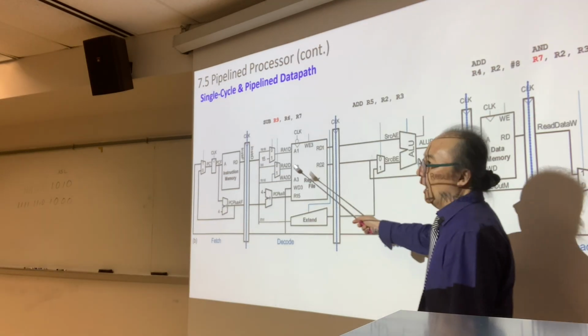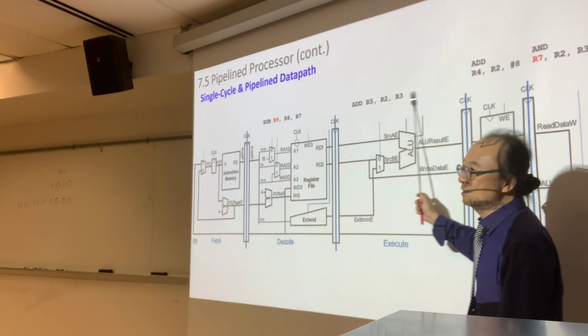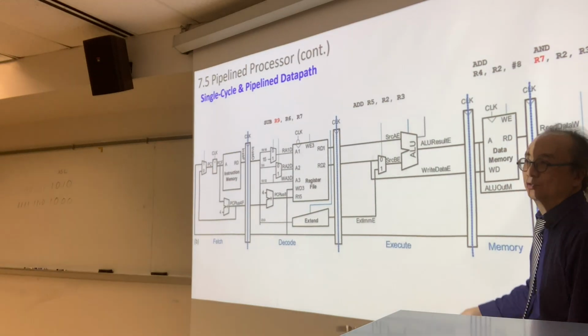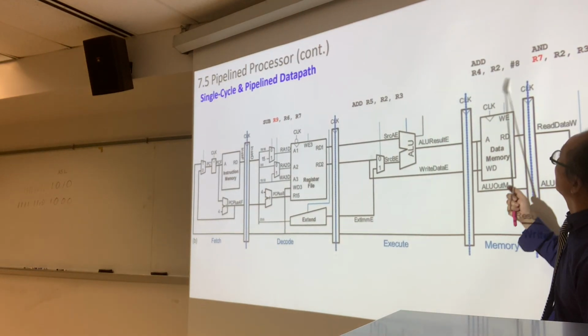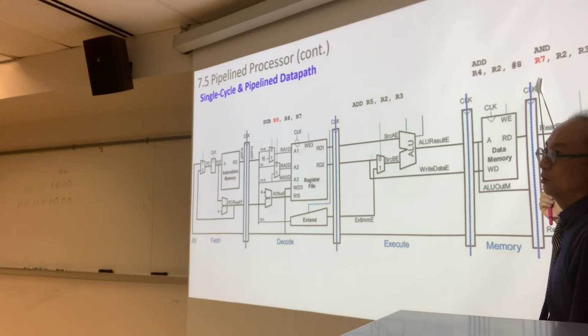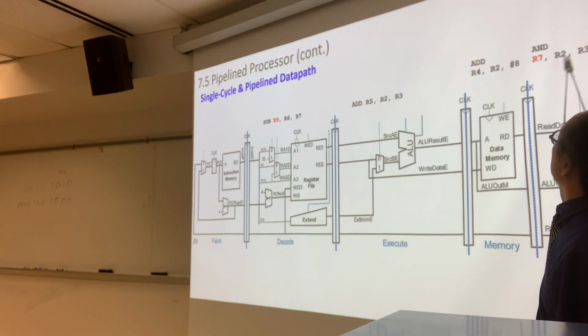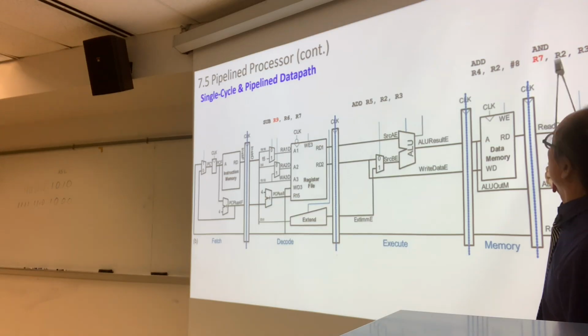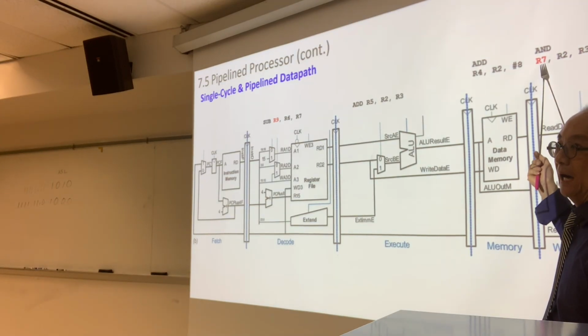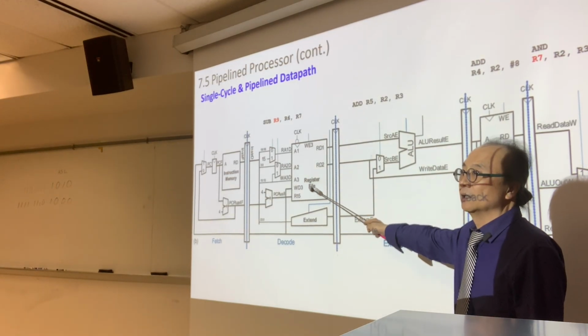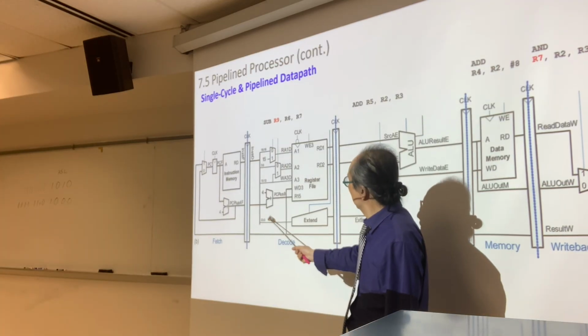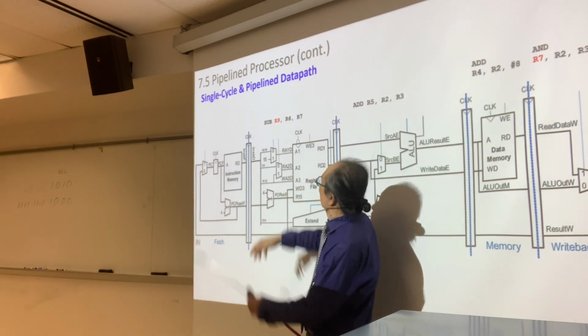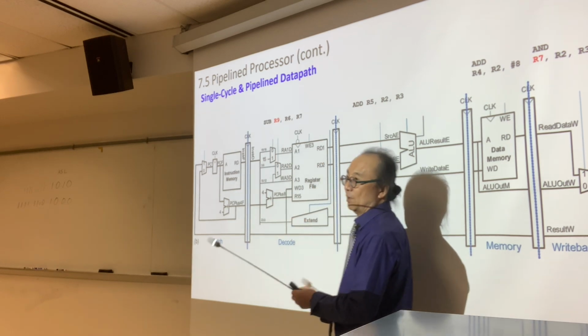Now, when we are actually executing this series of instructions, just watch here. You don't have to copy down. We have a small problem. In this instruction, what do we do? We're going to AND these 2 contents, R2 and R3, and we need to write back into where? R7, in the second stage. But in the second stage, right here, this A3, we have R9. So that's the problem, right?